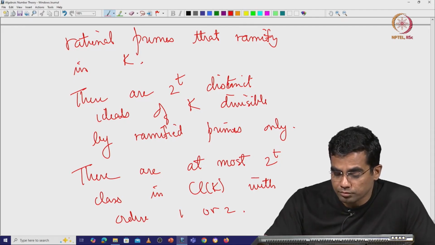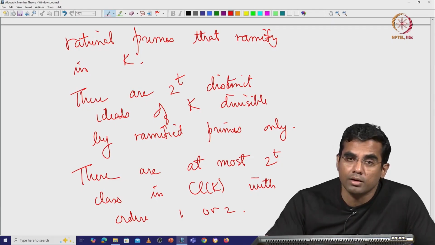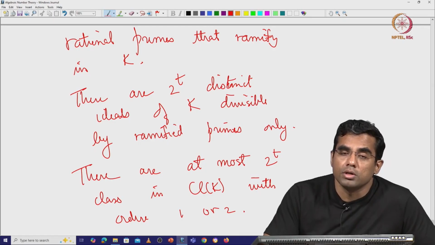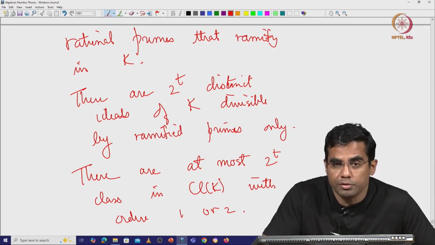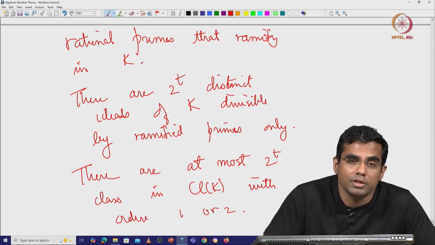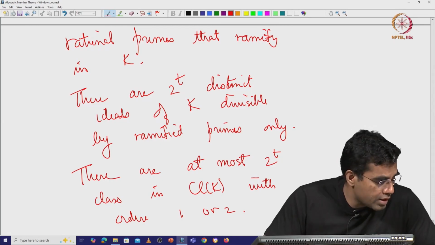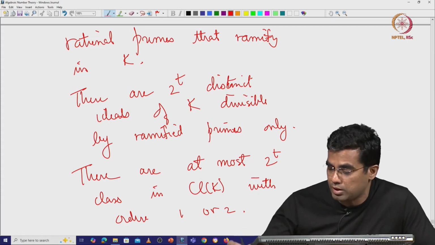They could match up, or more than one of these classes could have order 1. If you do not include any prime, if you take the trivial ideal, which is one of these 2 to the t possibilities, then of course it will have order 1. But there could be other things which have order 1 as well, and so we have to find out exactly how many have order 1.